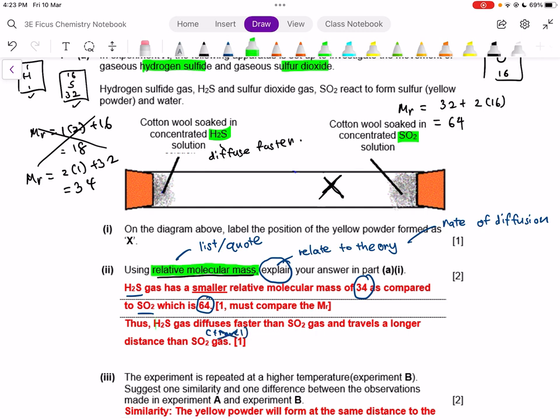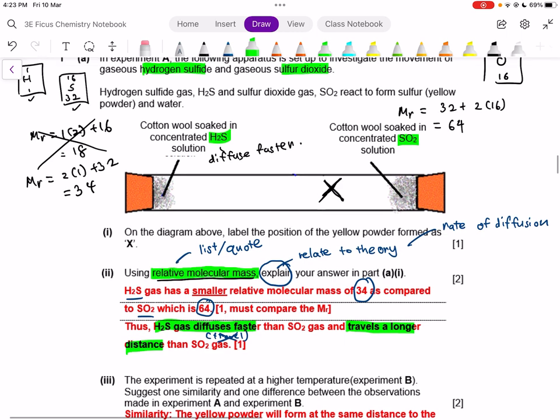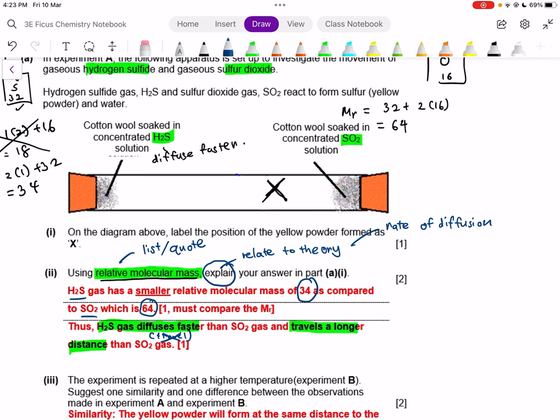So you must say the H2S will diffuse faster than the SO2 and as a result travel a longer distance. You use travel for the distance, but the movement itself you use diffusion. The concept here is that the rate of diffusion is higher if the relative molecular mass is lower.